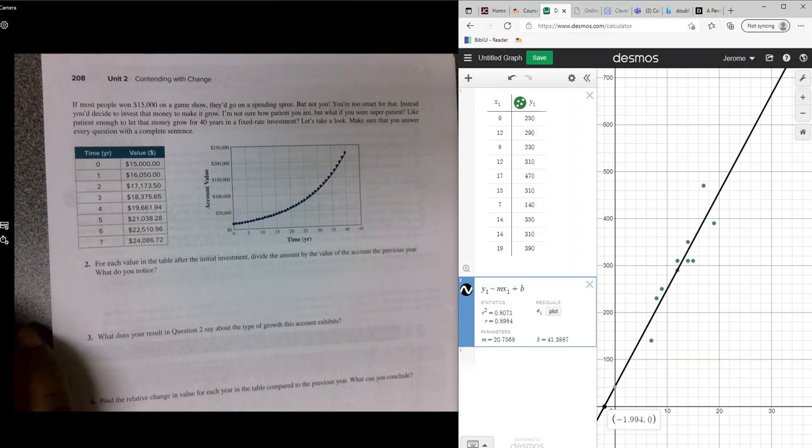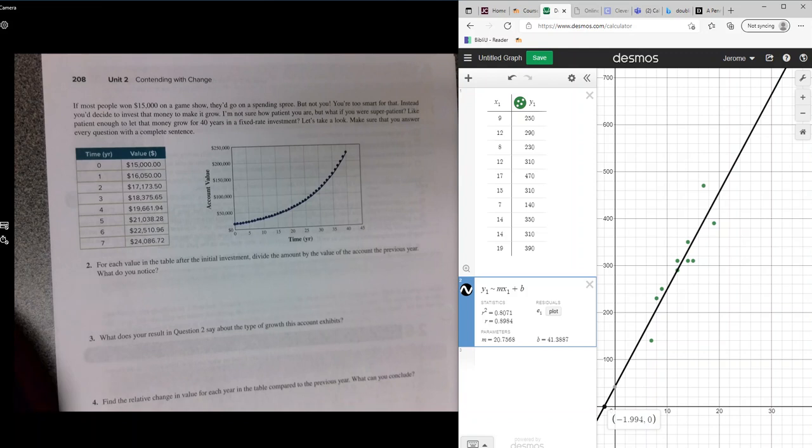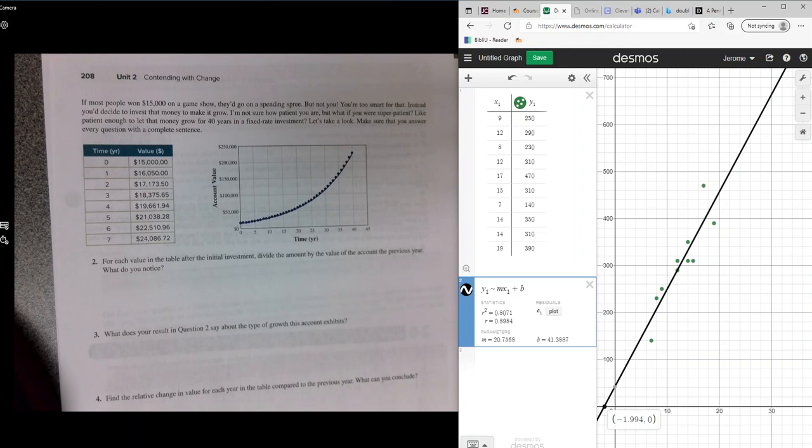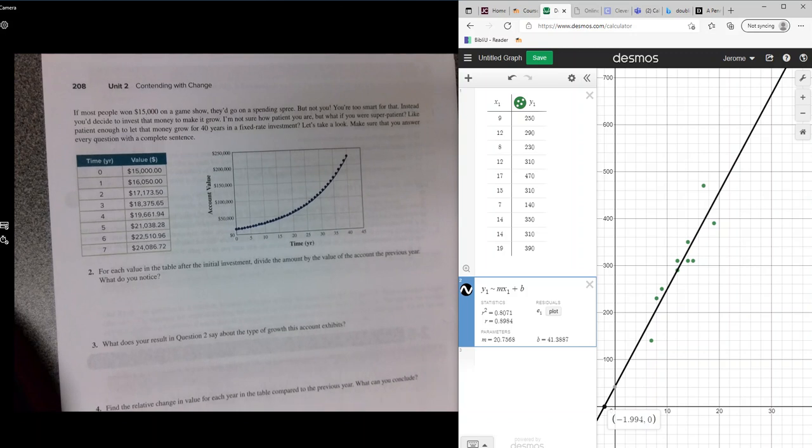Have a good one. All right, now we go on to the next page, page 208. Actually, just to let you all know, we're only going up to page 215, and then we will be done with 26. It says here, most people who won $15,000 on a game show go on a spending spree, but not you.